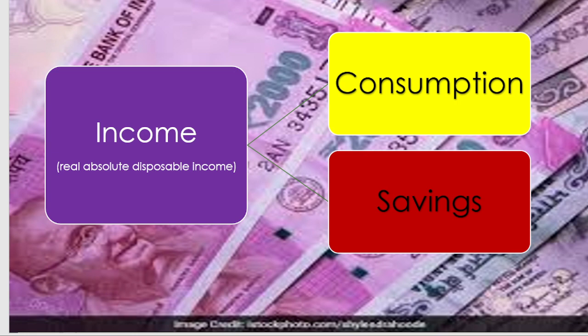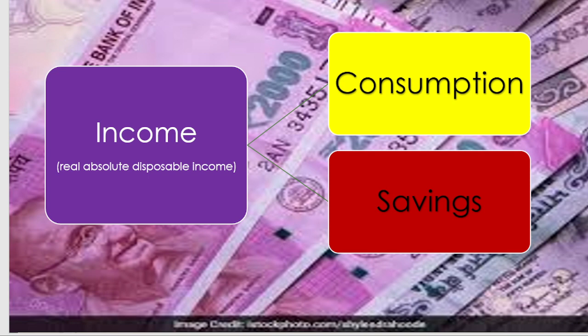As we know, income gets divided into two parts. One is consumption and the second one is saving. That means the total income received by the people is divided into consumption and saving. As far as income is concerned, Keynes says this income is real absolute disposable income.